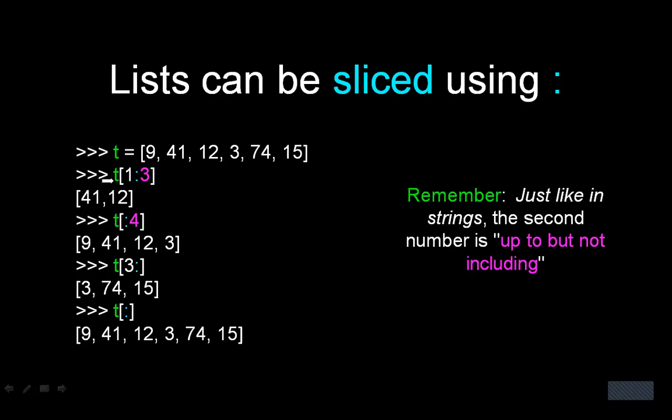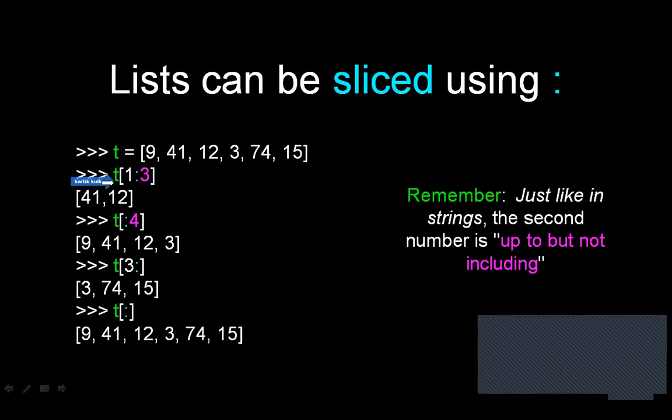Here T is the name of the list, and in the square brackets we specify the index numbers. First we specify the starting index number, that is 1, and then the end index number, that is 3.